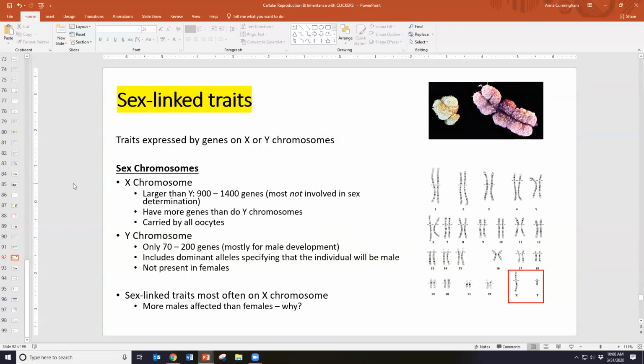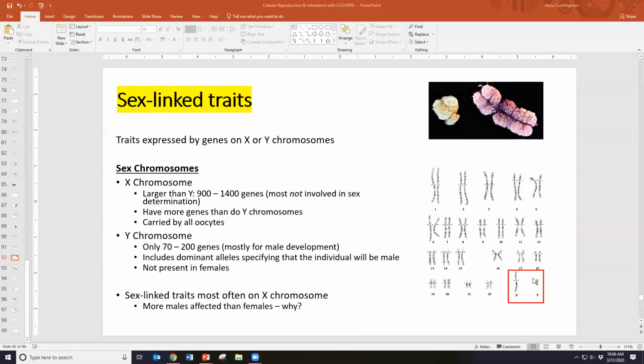This slide is strictly talking about genes that are coded for on the X or Y chromosomes. It's important to note that the X chromosome is much larger than the Y chromosome. That's because it contains way more genes, and a lot of them are not involved in sex determination.